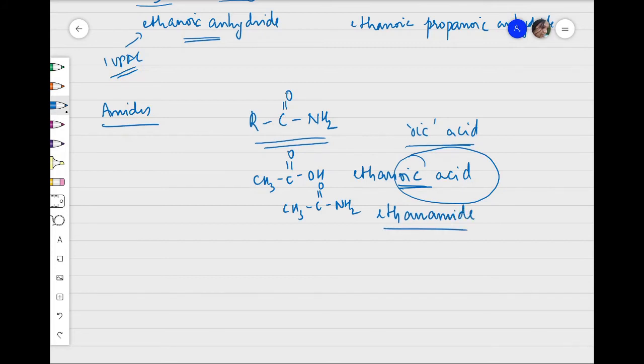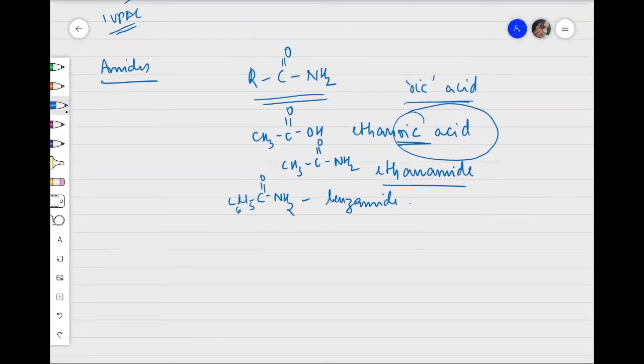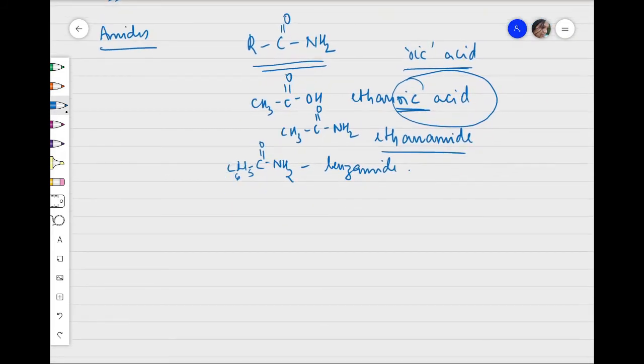If there was a benzene ring there, that is C6H5, C double bond O, NH2, we say this is benzamide. And if you have a cyclic group, it will be cyclo.